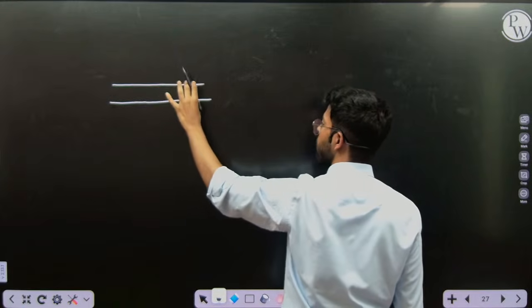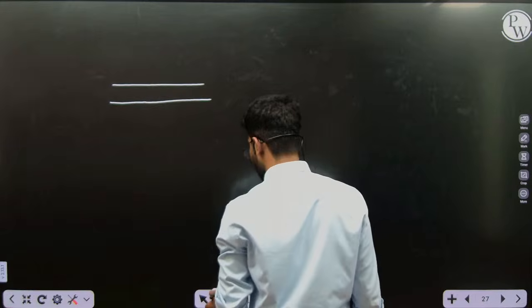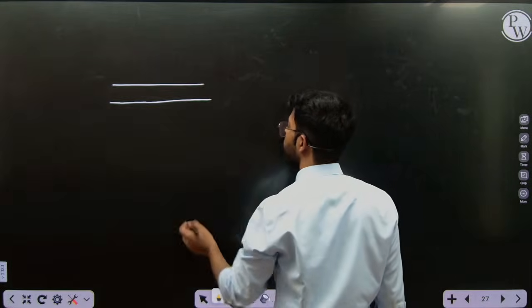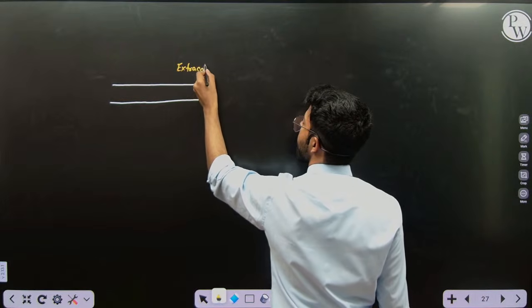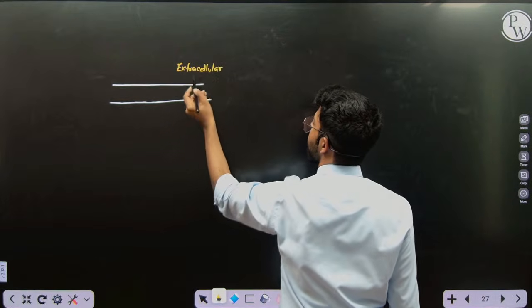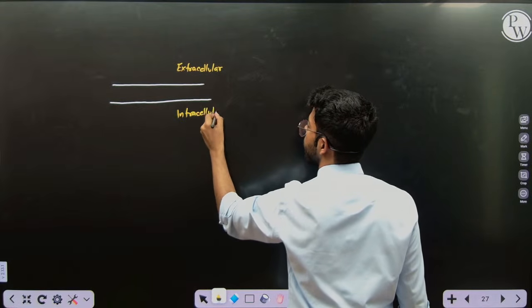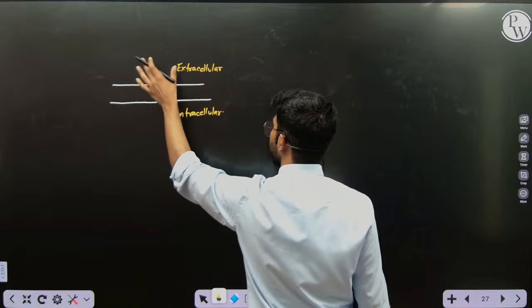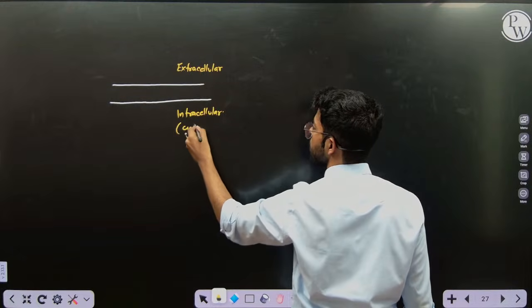This is the phospholipid bilayer of a cell or neuron, and this is the extracellular environment, and this is the intracellular. Here we can say fluid is present, and intracellular there is cytoplasm or cytosol.